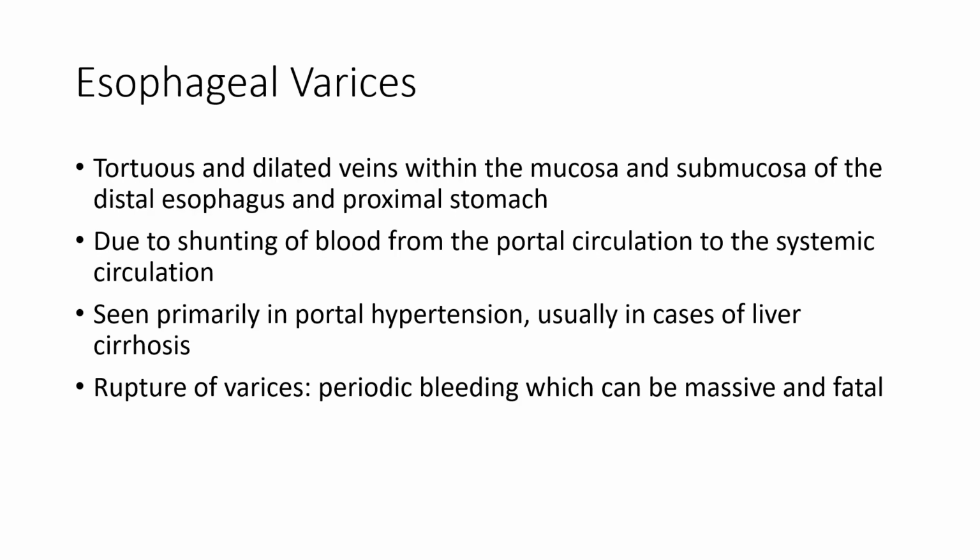Before proceeding to esophageal neoplasms, we will just briefly discuss esophageal varices. Esophageal varices refer to the presence of dilated and tortuous veins within the mucosa and submucosa, and they usually occur within the distal esophagus and proximal stomach, and they usually occur in the setting of portal hypertension.